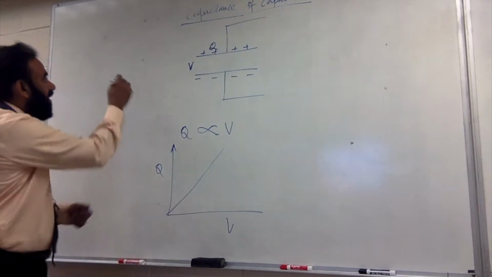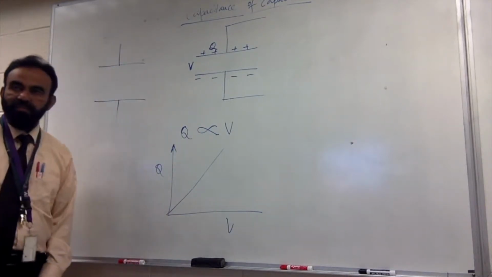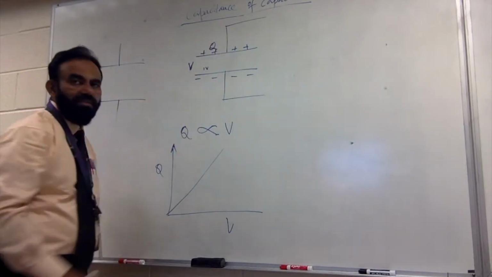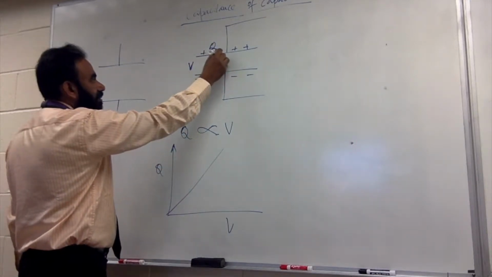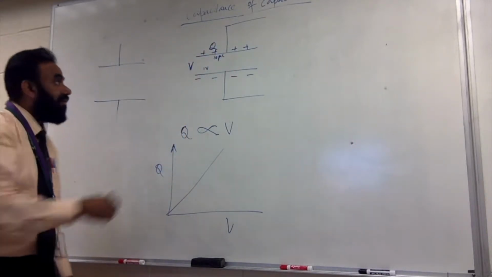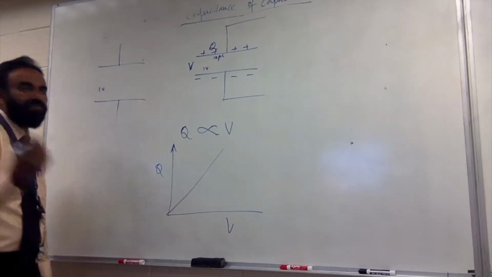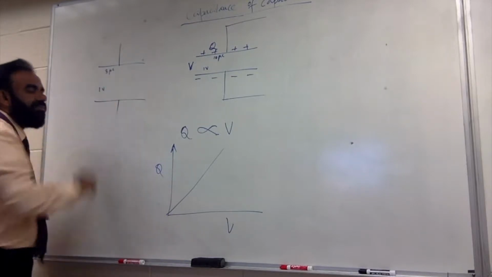Like for example, if I have another capacitor, if I put 1 volt over here, it's collecting some charges, right? Let's say it collected 10 microcoulombs when I put 1 volt. When I put the same 1 volt over here, this probably is going to take up only a small charge, let's say 3 microcoulombs.